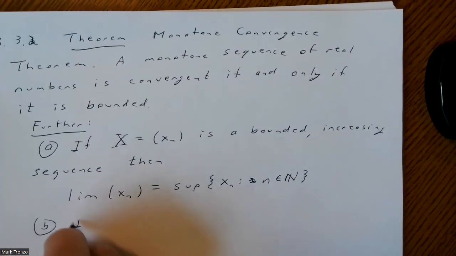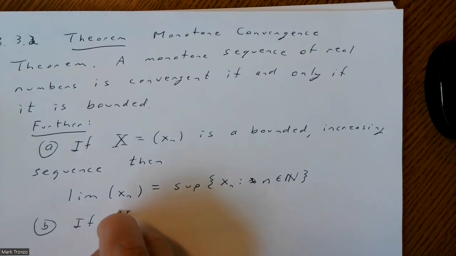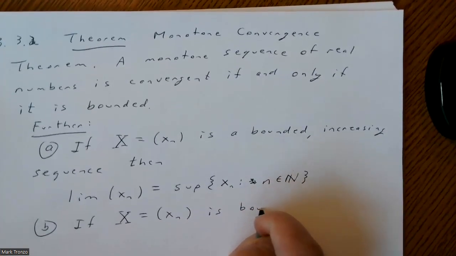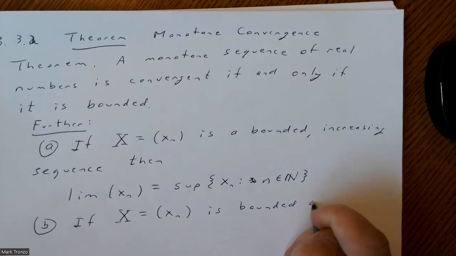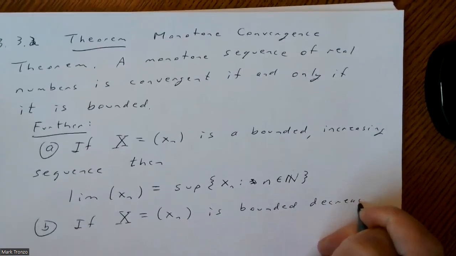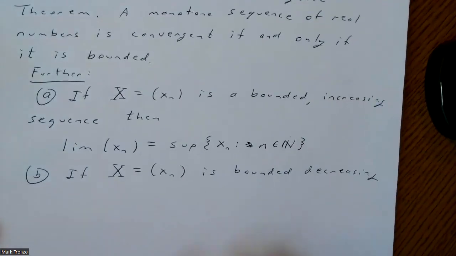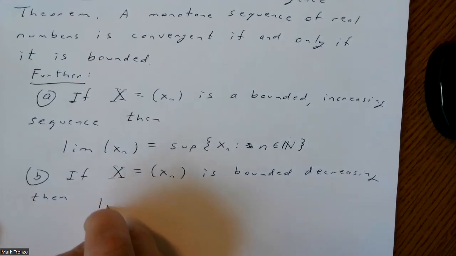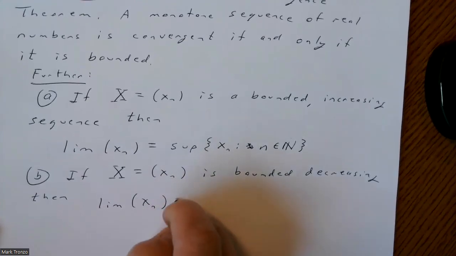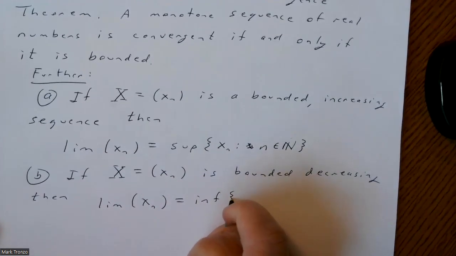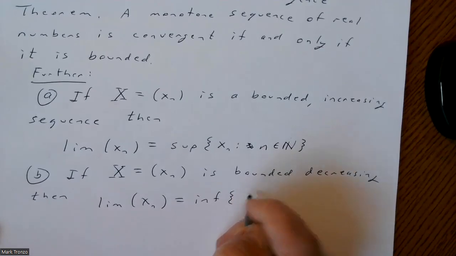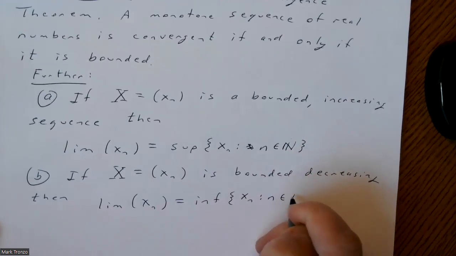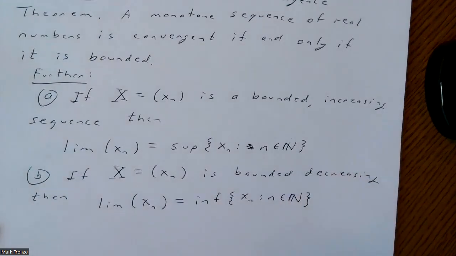And B, if X equal (xn) is bounded and decreasing, then the limit of xn is equal to the inf of the xn such that n is a natural number.